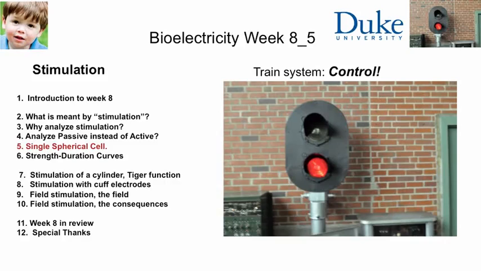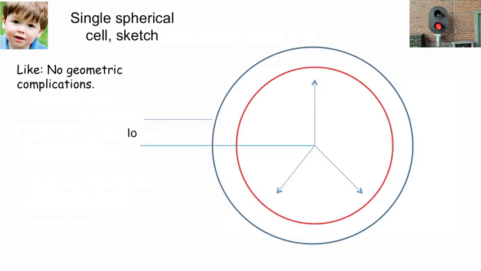In this segment, we're going to talk about a single spherical cell and what happens to the transmembrane voltage as one stimulates it. A single spherical cell with a stimulus right at the very center is a situation that is rarely or never of interest in an experimental environment.